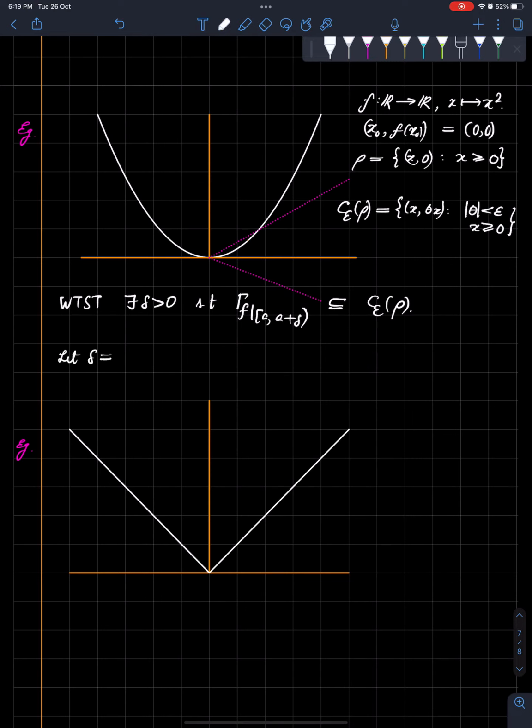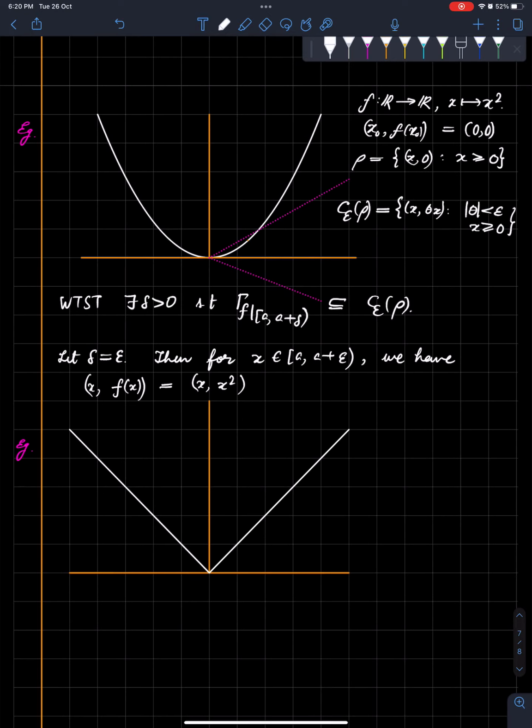So let delta equal epsilon, then for x in this, meaning this, we have (x, f of x) equals (x, x squared), which is, so we want to show that this point is here.